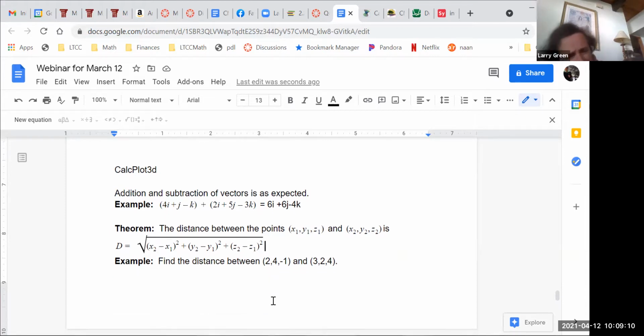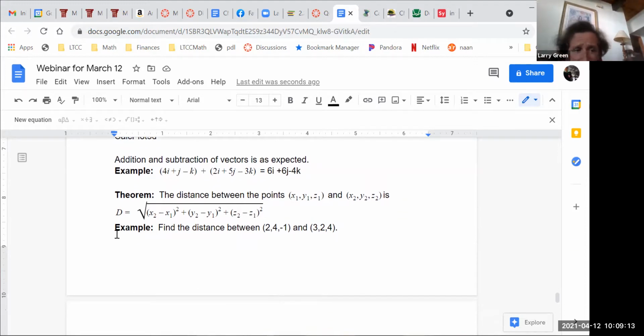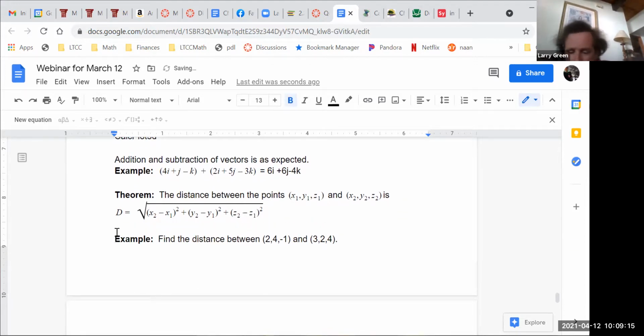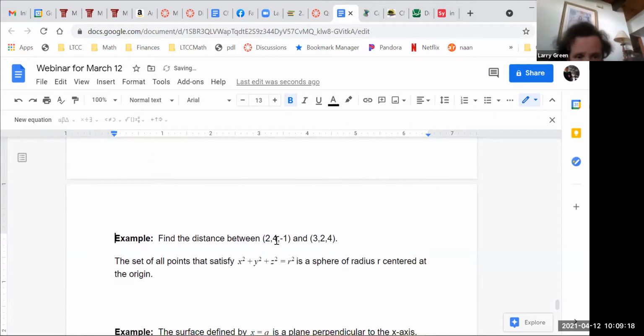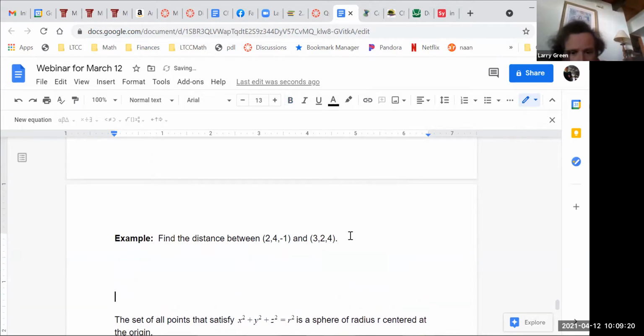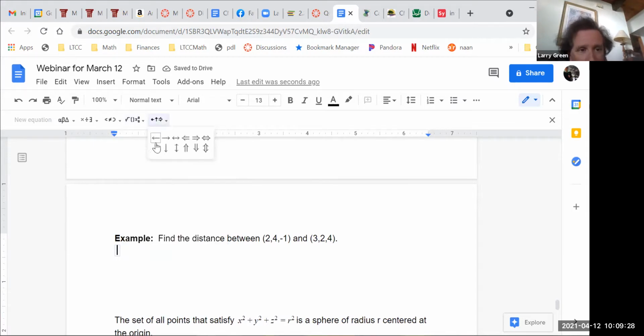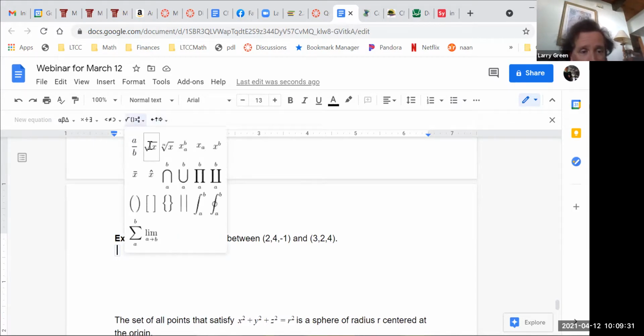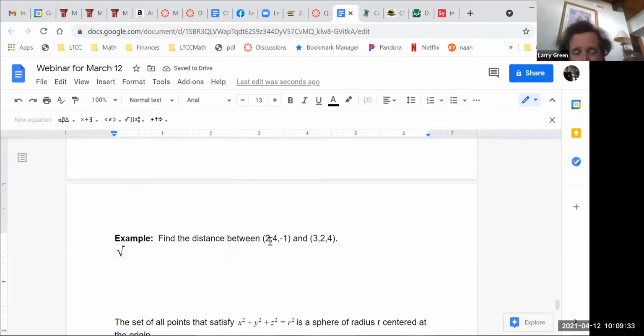So a lot of what we do in R3 is just an extension of what you've already known how to do in R2. So for example, if you want the distance between these 2 points, it's very simple, messy, but simple. You just take the square root, and then subtract: 3 minus 2 squared. 3 minus 2 is 1, 1 squared is 1. Plus 2 minus 4, which is negative 2, and negative 2 squared is 4.